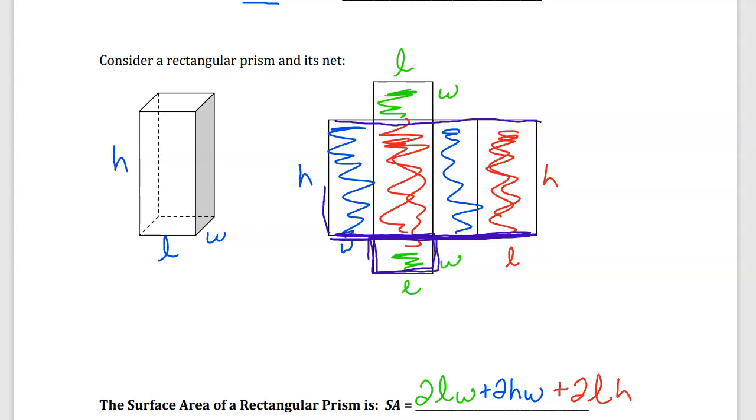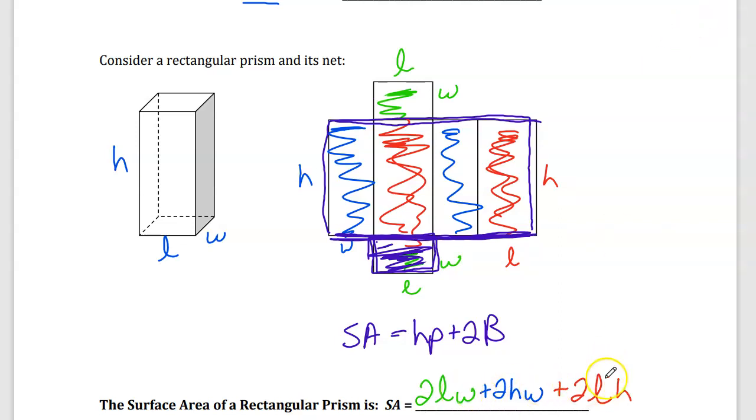And I could find the area of this big lateral piece, so that would be H times the perimeter, plus 2 times the area of the bases, which would be capital B. So you could technically look at the area of a rectangular prism in either way here.